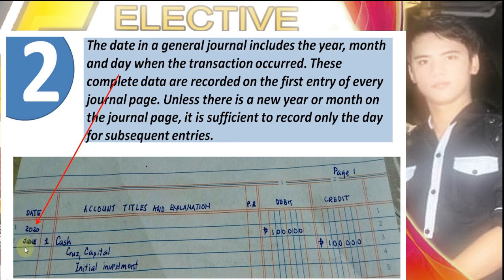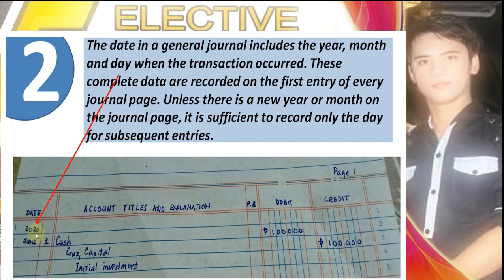This one is June, the month when the transaction happened. This one is 1, the day when the transaction happened. It means that the date is June 1, 2020.